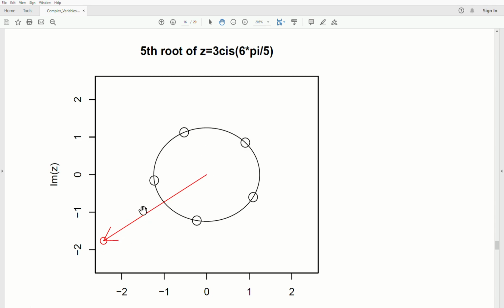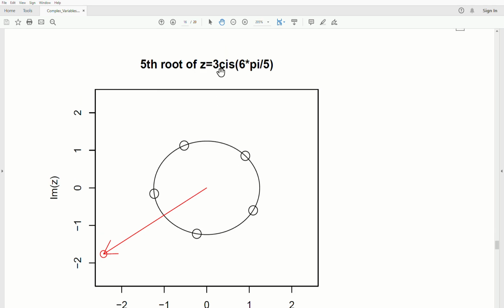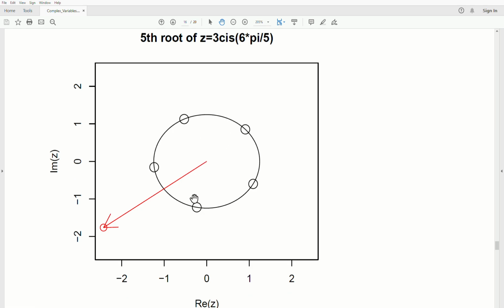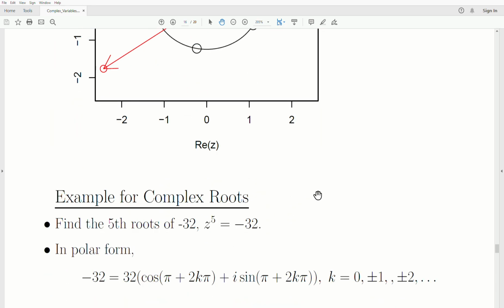Now what's interesting is this theorem that we just showed: if you take the fifth root of 3, that's the new modulus or the radius of the circle, then you divide the circle into 5 equal segments, and then you rotate these segments until one of them is a root, and then all of them are the fifth roots. That's graphically what's going on here, and to me, that's so fascinating.